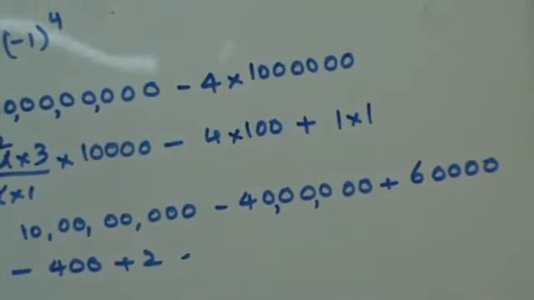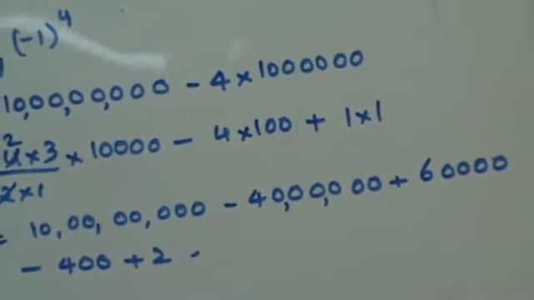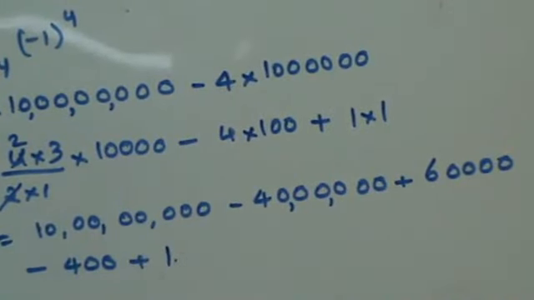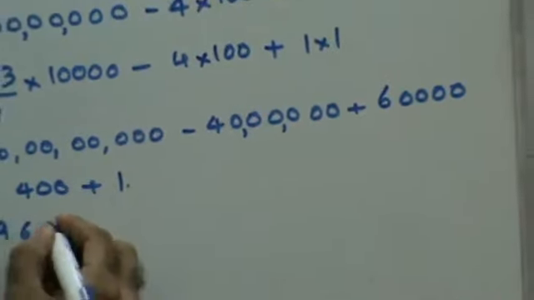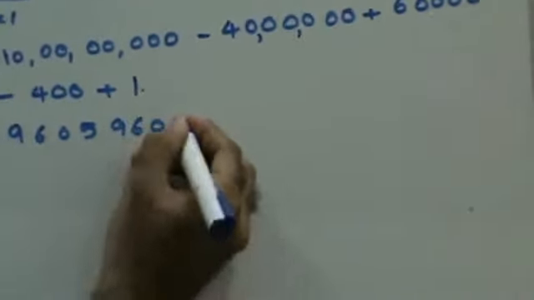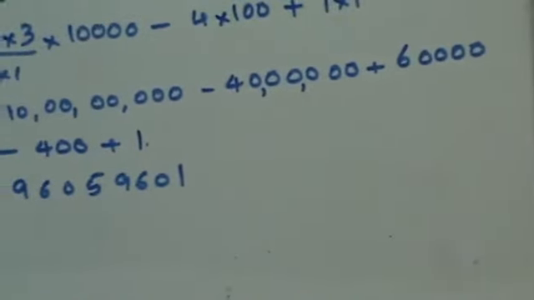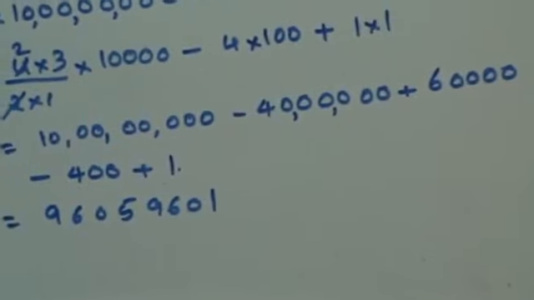When you add and subtract all these terms, plus 1. I always end up making the same mistake. Now, when you add and subtract all this, you will get 9605, 9601. That will be your answer.